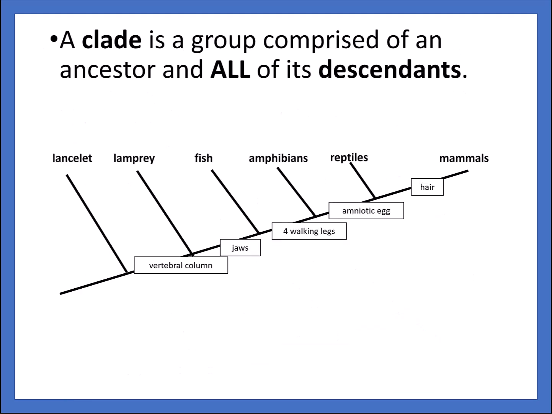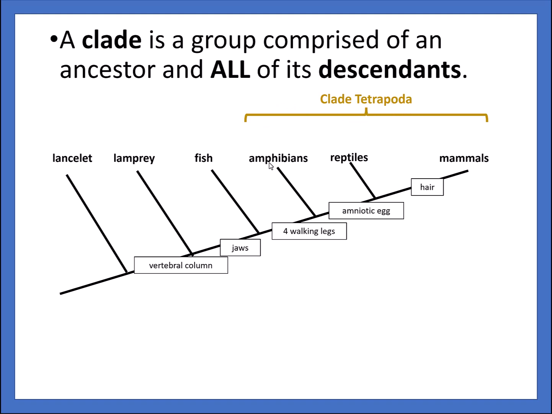A clade is a group comprised of an ancestor and all of its descendants. So here we have a clade, which is known as tetrapoda because they all have walking legs. Tetra, 4, poda, legs, 4 legs.